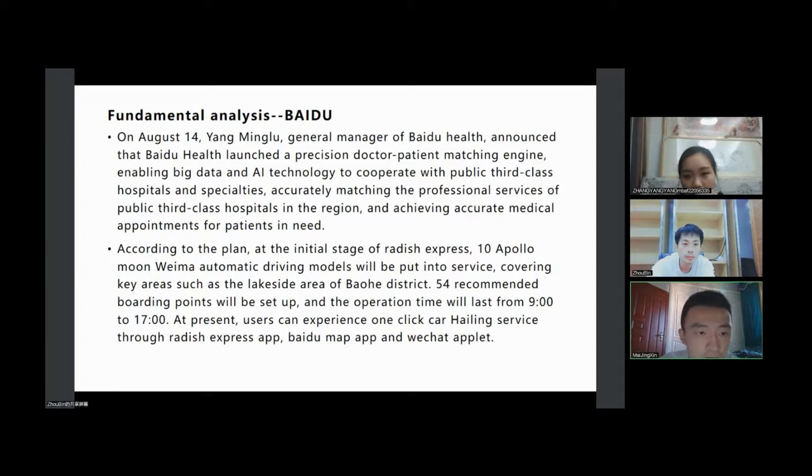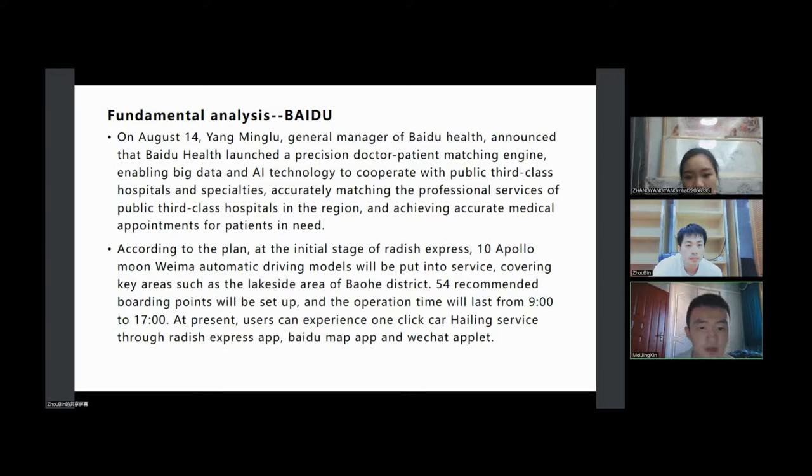According to the plan, in the initial stage of Radish Run, 10 Apollo Moon automatic driving models will be put into service, covering key areas such as lakeside areas of Yizhuang districts. 54 recommended boarding points will be set up, and the operation time will last from 9 o'clock to 17:00.